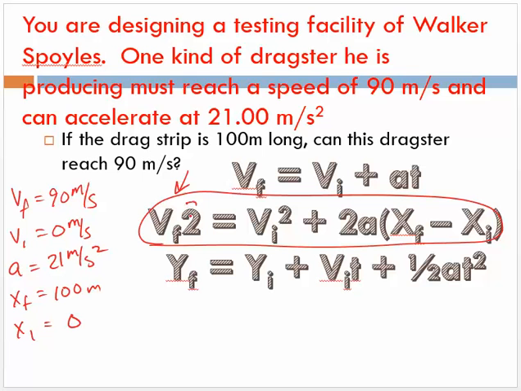That should be a squared up there, not a big 2, to find out what that velocity final is. Initial would be 0, so that goes away. A lot of times in physics we won't put stuff in that we don't need because it just simplifies the problem. So that means I can get rid of the plus, and now we have 2 times 21 times XF, which is 100. Well, hey, I'll let you guys work it from there. I'm not going to go any farther than that.